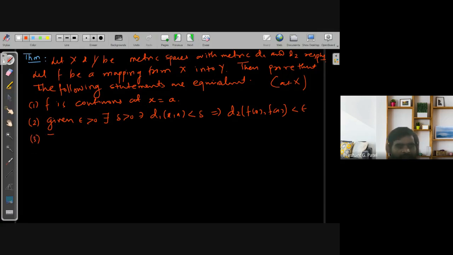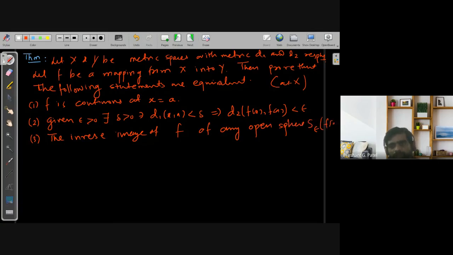The third one says that the inverse image of any open sphere S epsilon of f(a), where epsilon is anything, about f(a) contains an open sphere S delta of a about a.